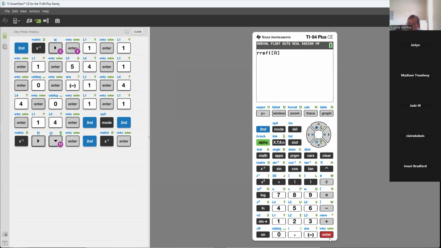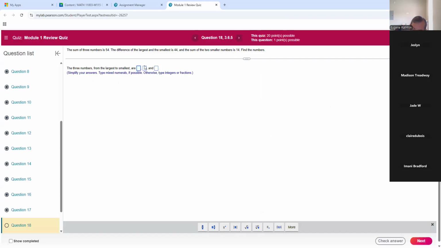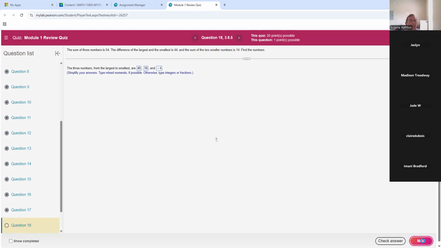So hopefully we get a 40, 18, and a -4. All right, y'all, so we're happy on this one, so we would go punch that in. So it wants the numbers from largest to smallest, and that's the order where I actually did them. 40, 18, and then my -4. All right, y'all, then we hit next.